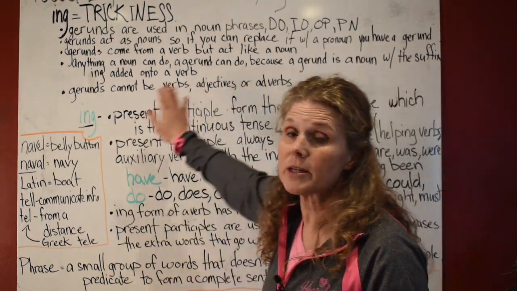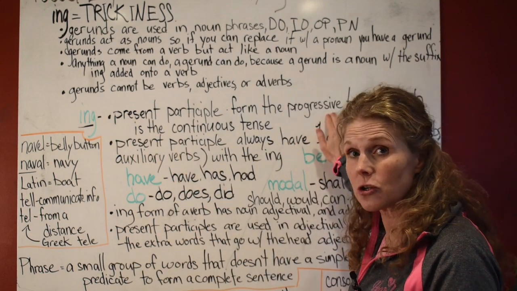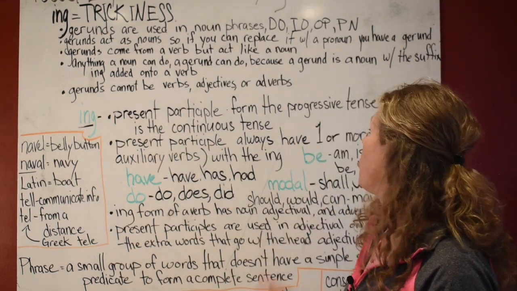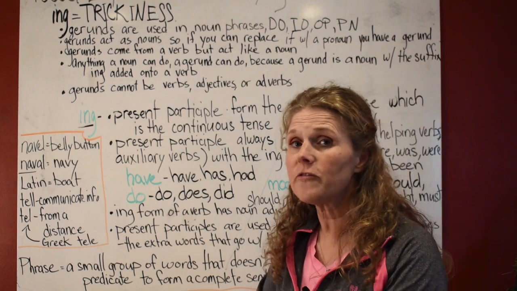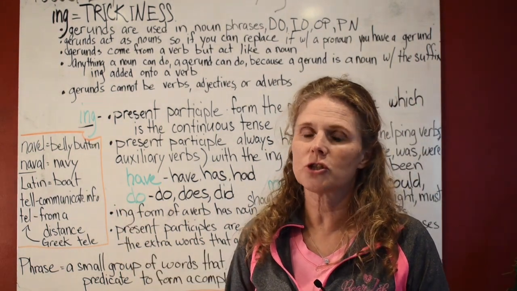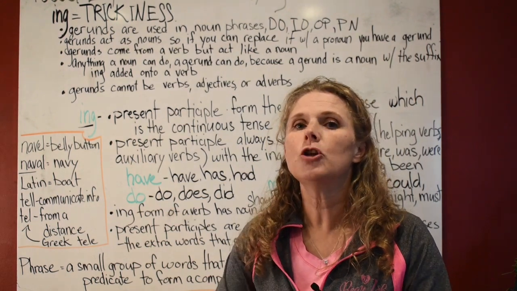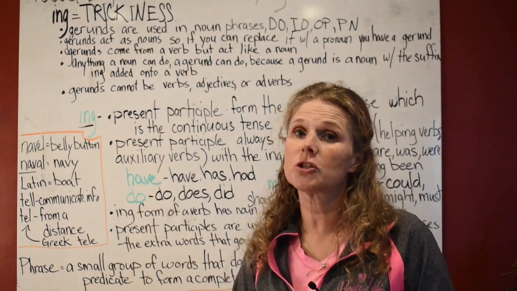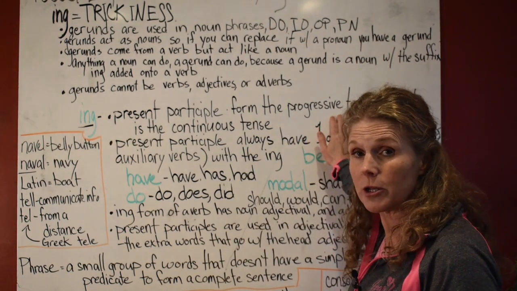I didn't ever learn this in school, and I think it's such a disservice not to understand what a progressive tense means, what a perfect tense means, because it will help you structure your sentence properly and know which helping verbs to choose and put on your tenses.